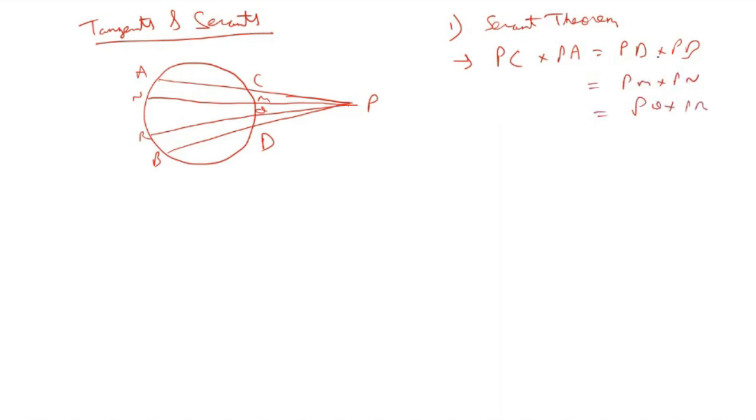So all these things will always be equal. If the secant is drawn from the same point, the product of the proportions will be equal. By product of the proportions, you mean the part that lies outside, into the total. So in this case, if we took PC into PA, PC was the part that lied outside and PA was the full part, and similarly for the others. So pretty important here.